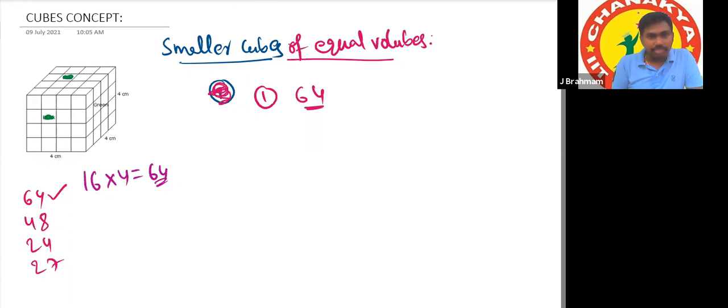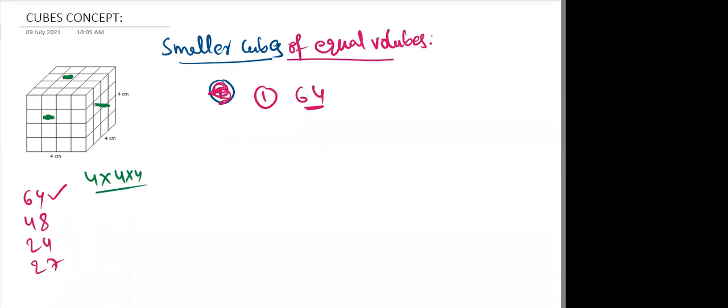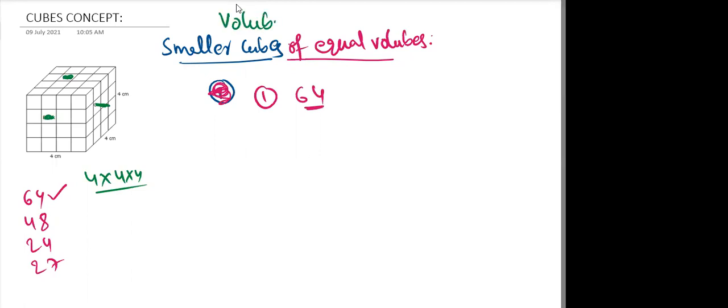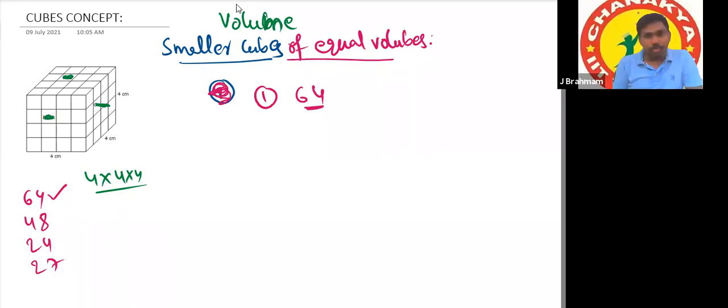Instead of taking it in this way, what you said is better: 4 into 4 into 4. How is that 4 into 4 into 4? So 4 cubes as the length, 4 cubes as the breadth, and 4 cubes as the height. Volume of a cube.